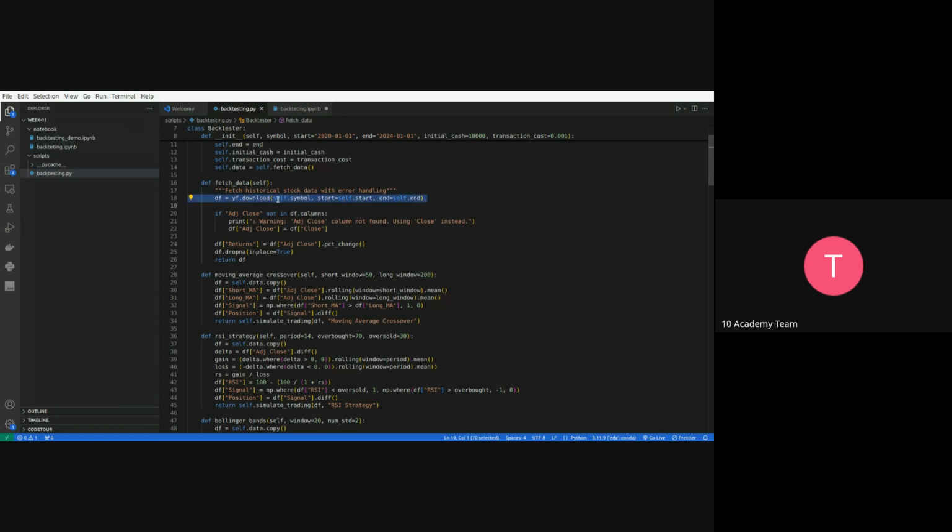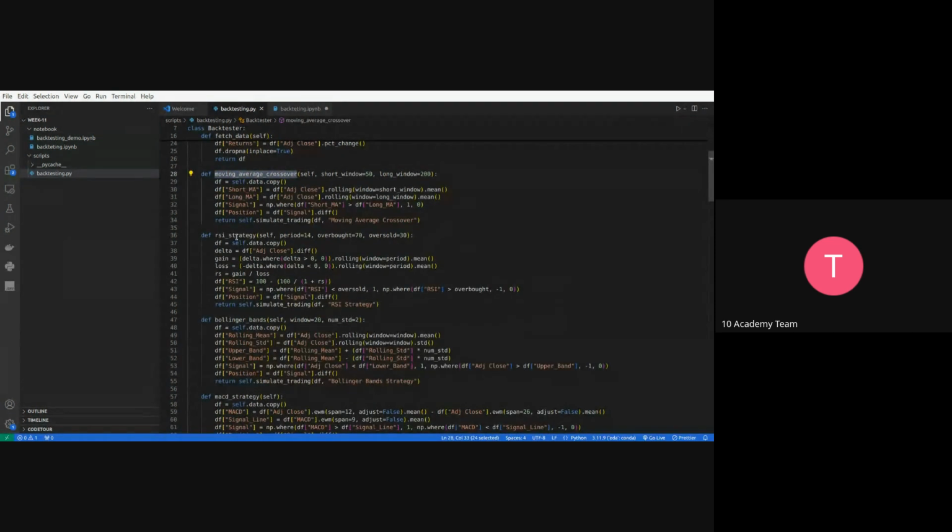We can download it. For this, we pass a ticker or symbol, which means each stock has its own ticker. I think there is a wiki page for that. You can go and find the ticker for any stock, and a start time and end time. The fetch data function returns data downloaded from yfinance.